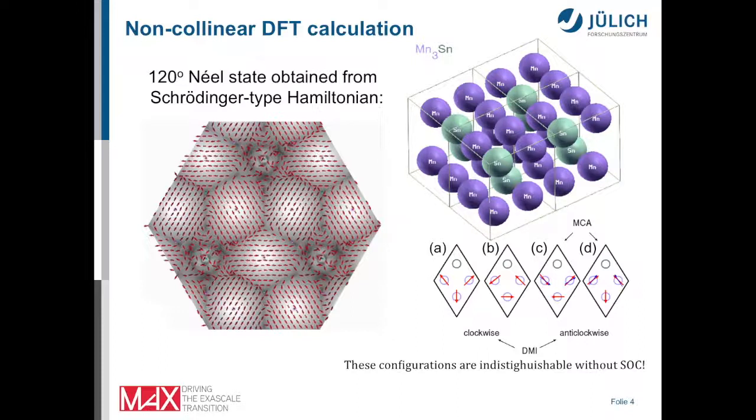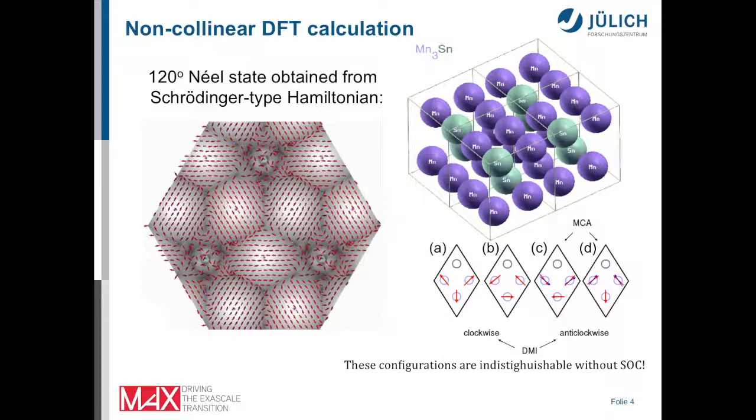If you go around clockwise from atom to atom, then the magnetization might rotate clockwise or anti-clockwise, and the global spin direction might be horizontal or vertical, and all these things you cannot distinguish in a non-relativistic theory here.